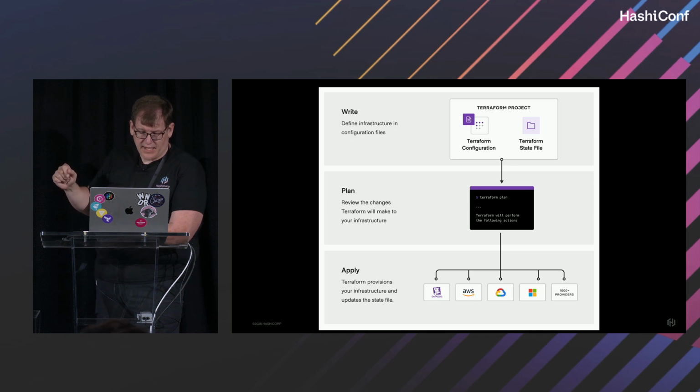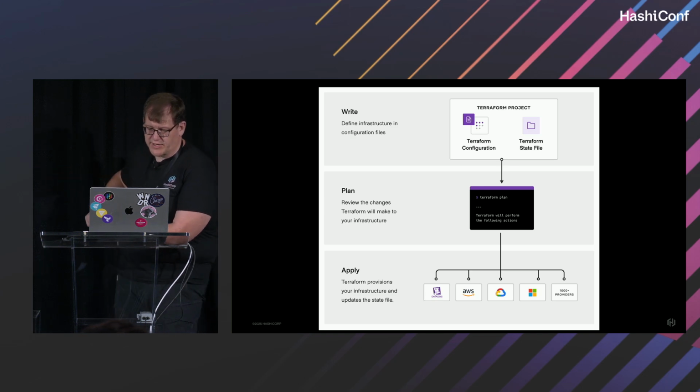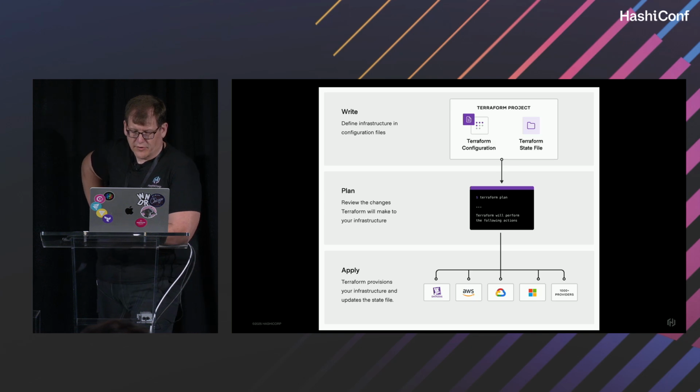Terraform acts as an intermediary, allowing us to write configurations which make calls to the provider's API. And there's a difference between a Terraform provider and a provider. It gets a little bit strange. A cloud provider is AWS, but there's going to be a Terraform AWS provider. So when you say provider, hopefully it's clear.